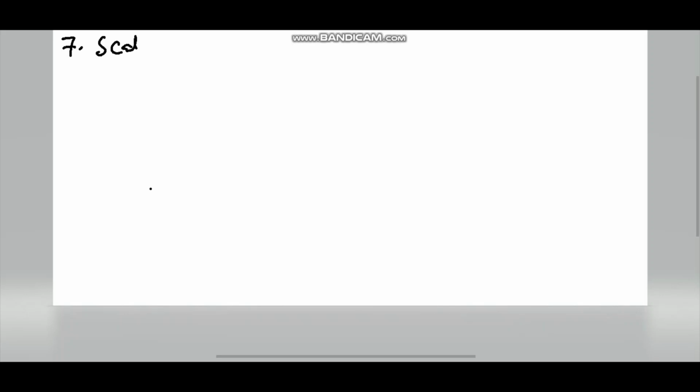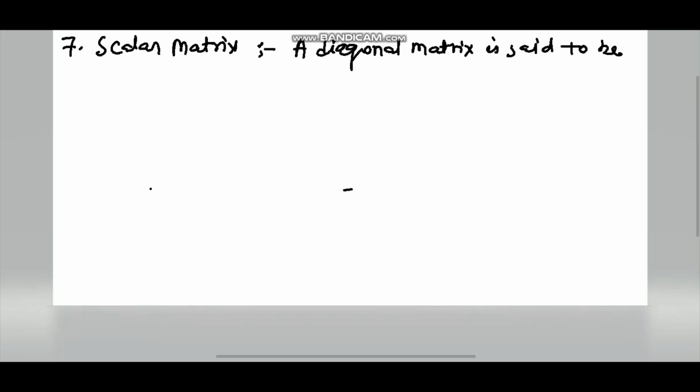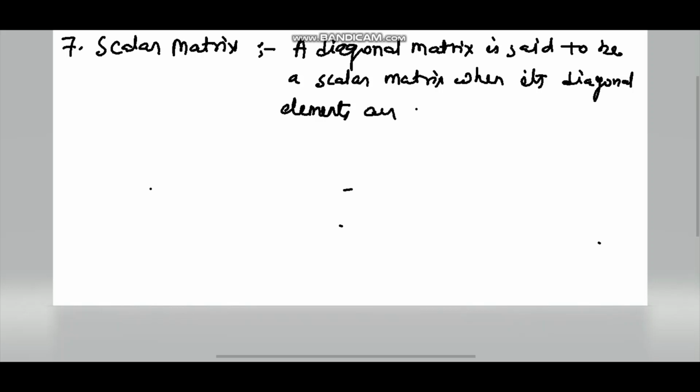The seventh type is scalar matrix. A diagonal matrix is said to be a scalar matrix when its diagonal elements are same.